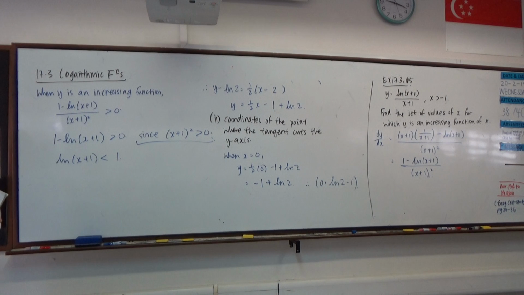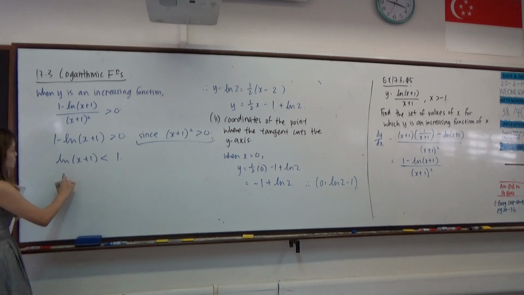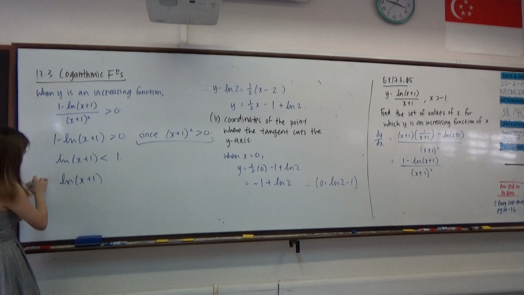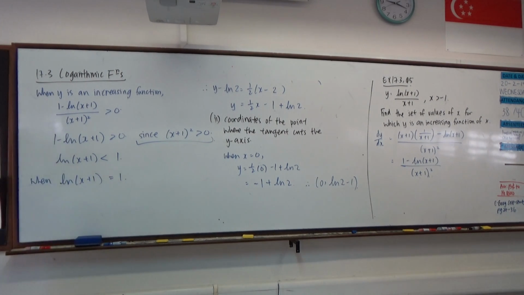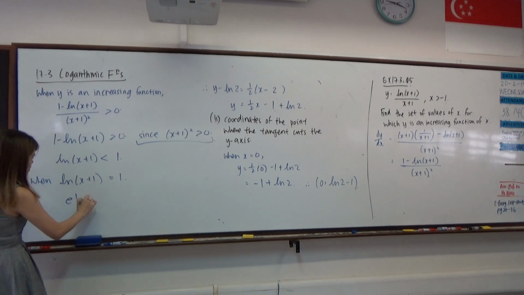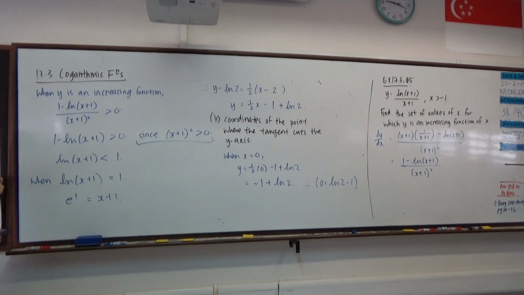It might be a bit difficult to go about solving this. Just take note that ln of x plus 1 is less than 1. When this equals 1, you get e to the power 1 equals x plus 1, right?